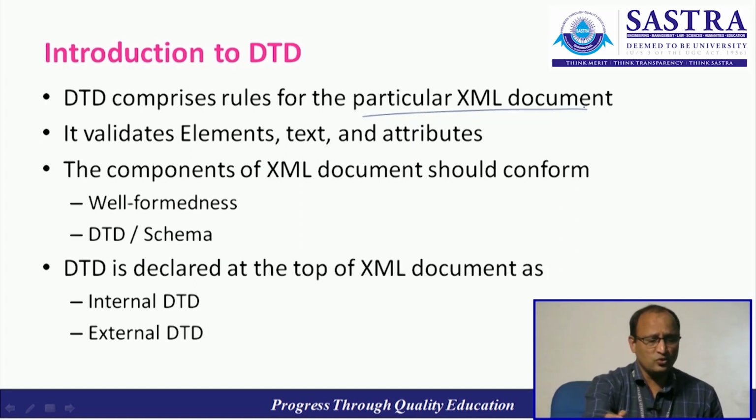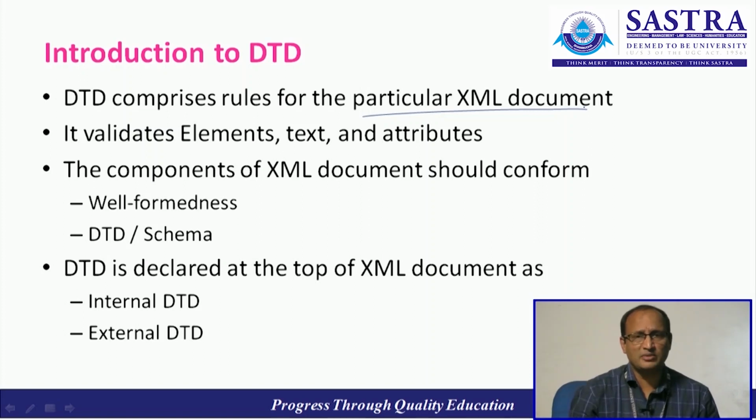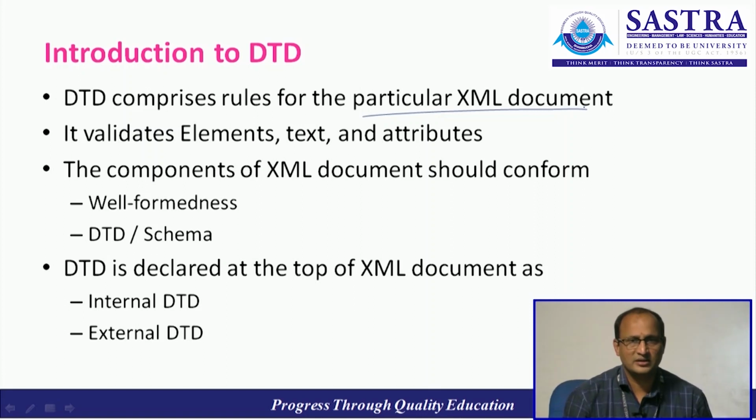DTD comprises the rules for the particular XML document alone. We cannot use the same DTD for defining a different XML document. So I can say, if you want to reuse the same DTD for more than one XML document, we have to create the document based on the DTD. So XML should be based on document type definition or schema.